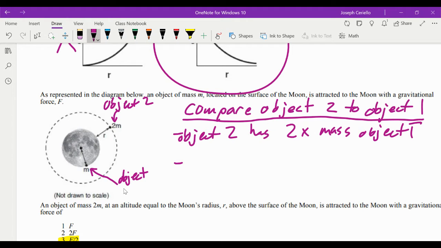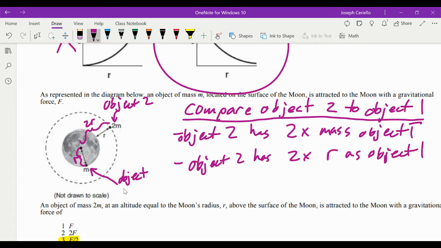How far is object 2 from the center of the moon versus object 1? Well, object 1 is 1 radius, and this here is 2 radii. So object 2 has 2 times the r as object 1. It's twice as far from the center of the moon.